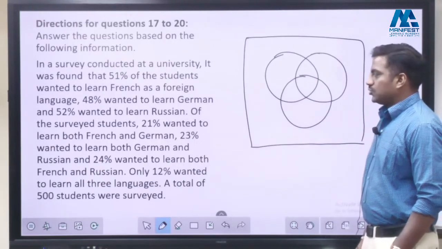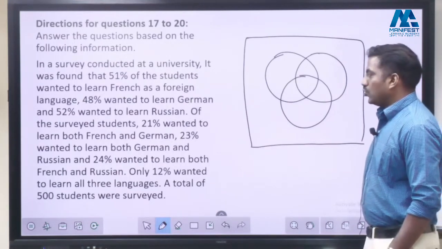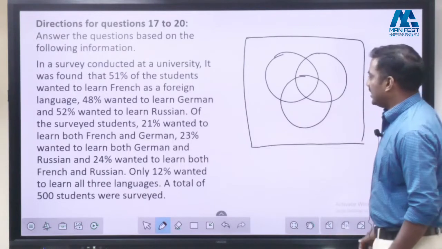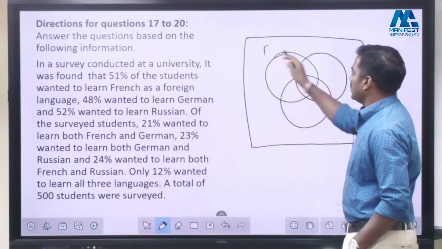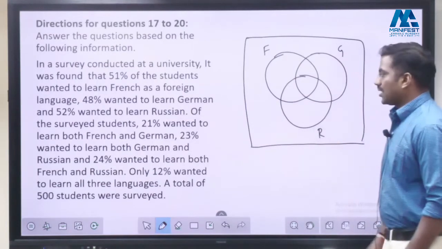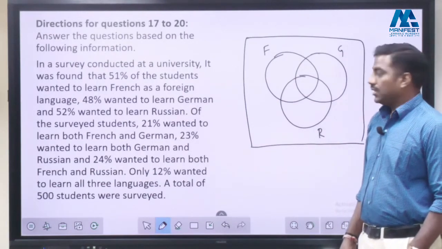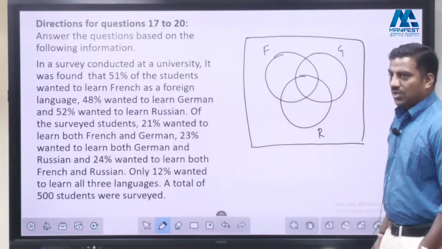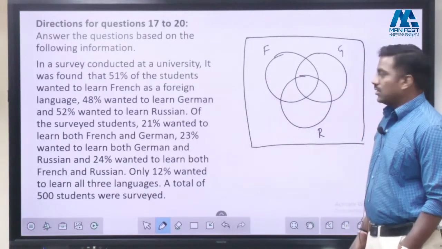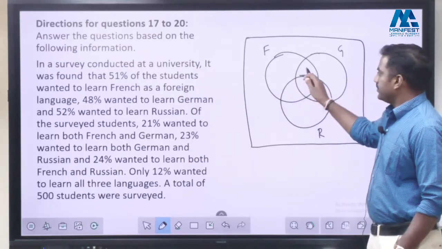Of the surveyed students, 21% wanted to learn both French and German. So this is French, this is German, and this is Russian. 21% wanted to learn both French and German. All of you have put French and German, that is 21% here.